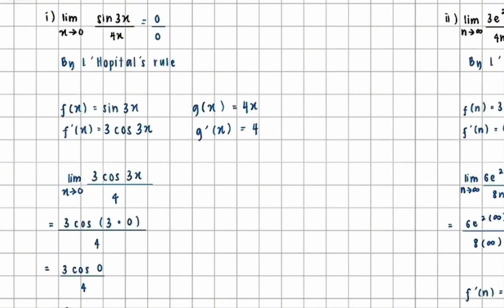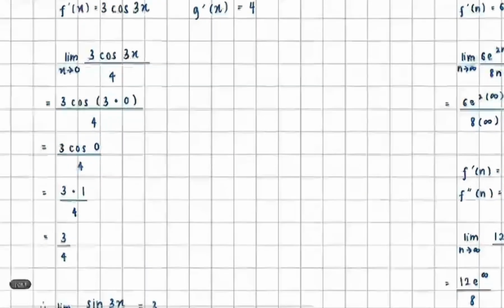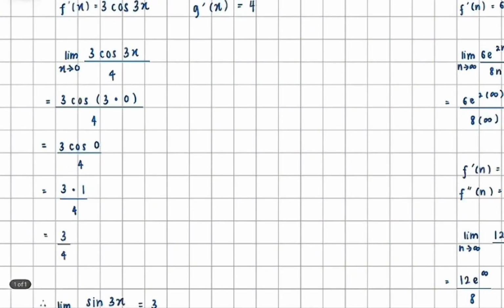Therefore we can apply L'Hopital's rule, which means we differentiate the numerator and the denominator. The derivative of sine 3x is 3 cos 3x, and the derivative of 4x is 4.